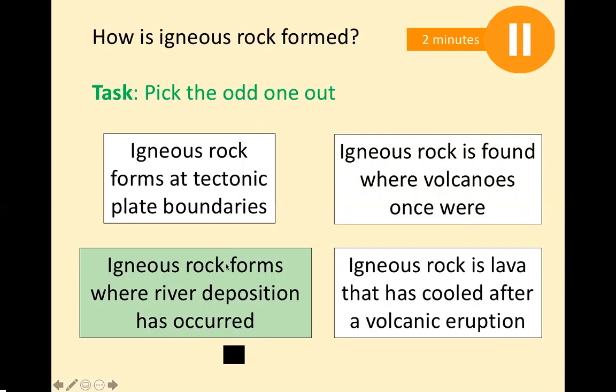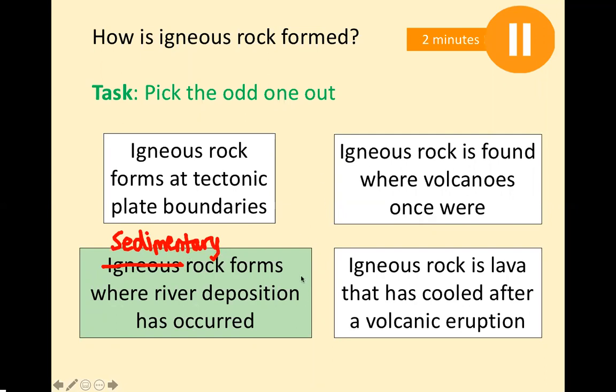So, the odd one out is igneous rock forms where river deposition has occurred. This is the odd one out because this is how sedimentary rock is formed. So this is the layers of sediment that we find in lowland areas, okay?